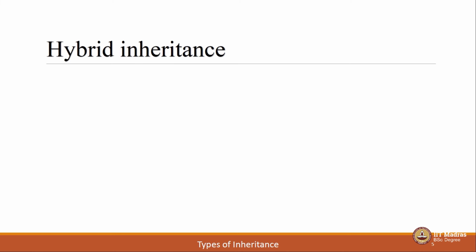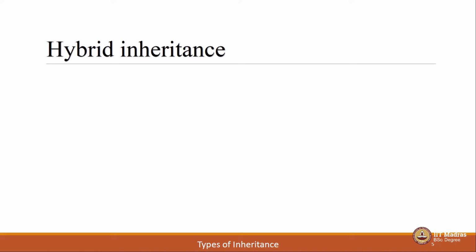And then there is the last type, which is hybrid inheritance. And as you can see, there is no standard diagram which represents hybrid inheritance, because as the name suggests, hybrid, it is any combination of those 4 inheritances which we discussed just now.